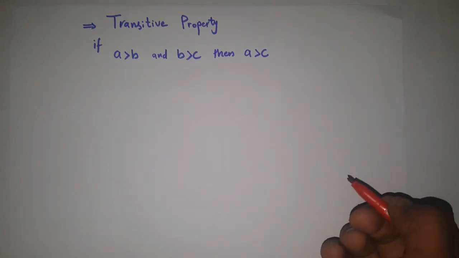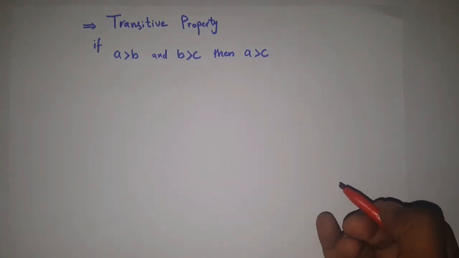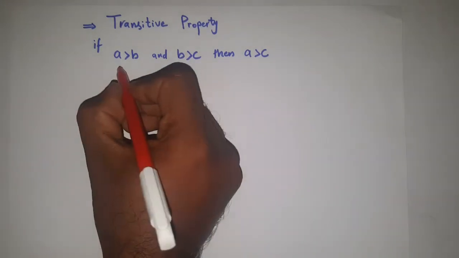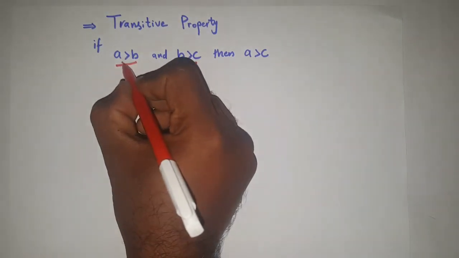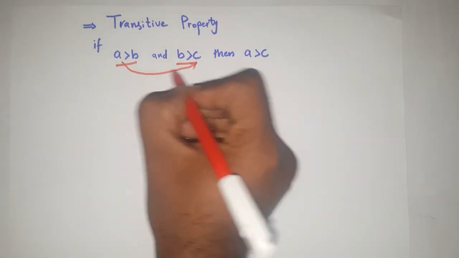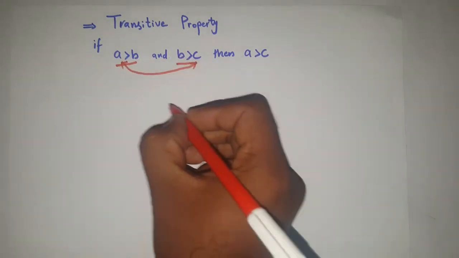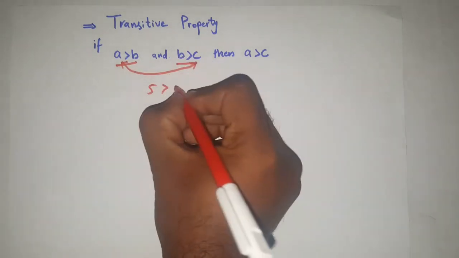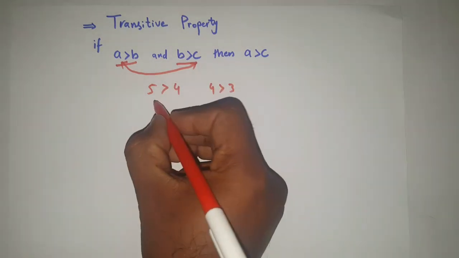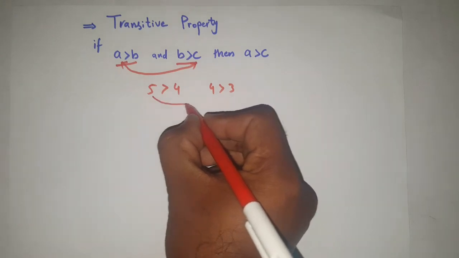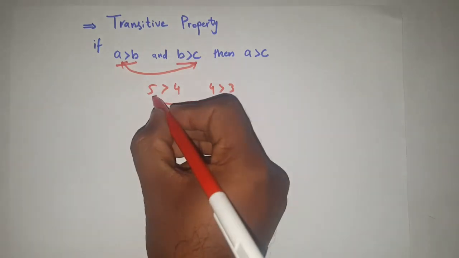The next property is transitive property. This is also similar to the transitive property of equalities. If A is greater than B and B is greater than C, then A is also greater than C. For example, 5 is greater than 4 and 4 is greater than 3. So obviously 5 is greater than 3.